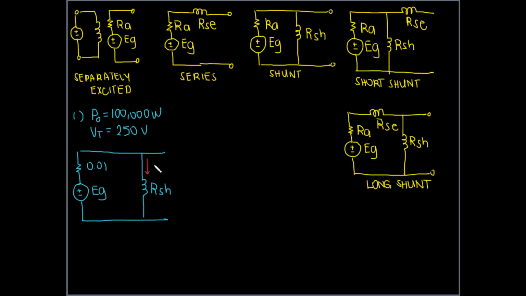The direction must be downwards. Remember, current will come from the positive terminal, so it will go to that direction. This being your armature current IA, the current passing through the armature. And then at this node it is going to divide into two. One is going to your field, the other one is now going to your load.